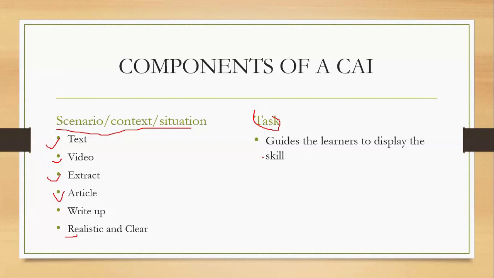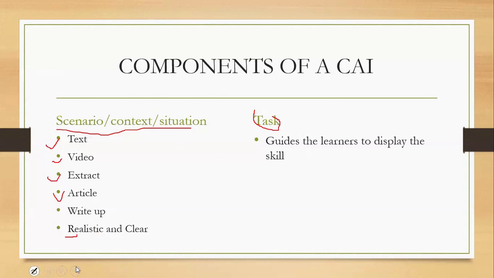So that task must be able to guide the child to attain that particular skill, be it a generic skill we want the child to be able to get. So when you are setting a task, at the back of your mind, ask yourself, will the child be able to acquire this particular skill that I am looking at attaining?